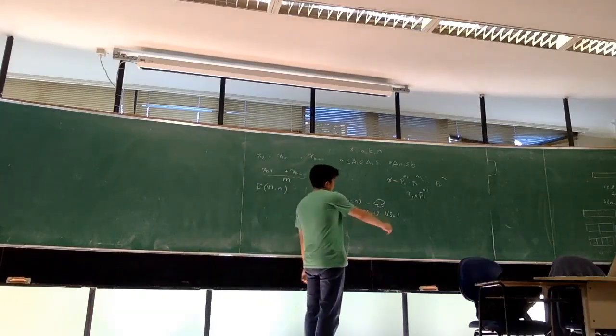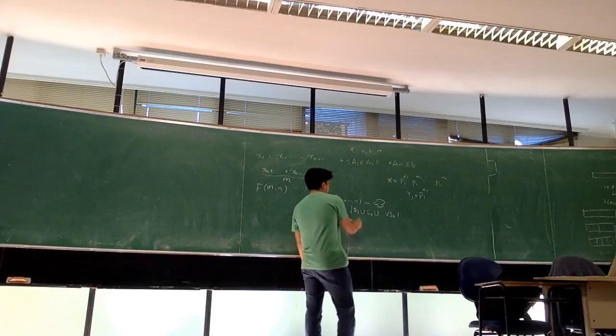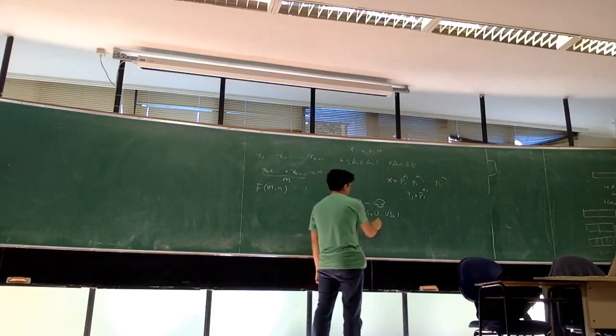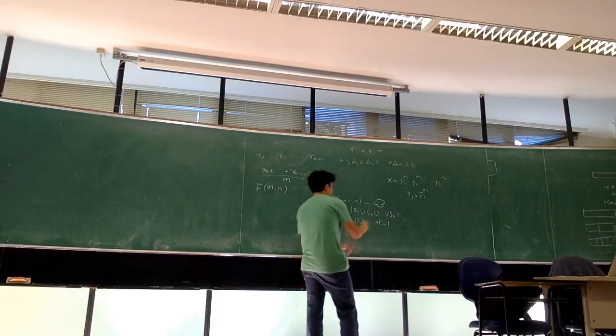And by the inclusion-exclusion principle, this is equal to S1 plus ... plus Sk, minus the intersections two by two.